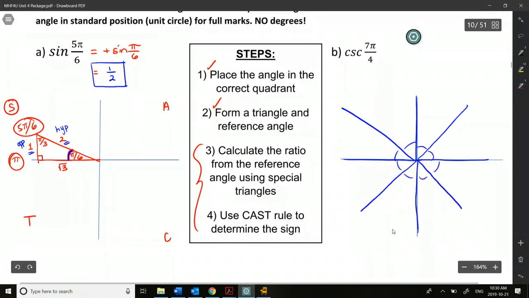And then I'm going to count around by pi over 4s until I hit 7 pi over 4. So this is 0, 1 pi over 4, 2 pi over 4, 3 pi over 4, 4 pi over 4, 5 pi over 4, 6 pi over 4, and there it is, 7 pi over 4.